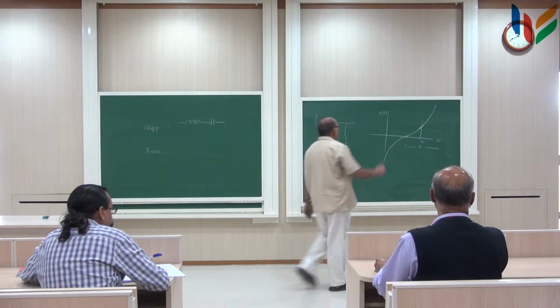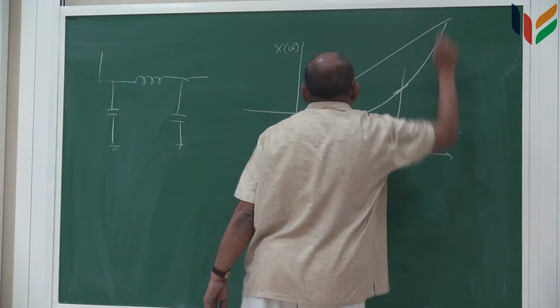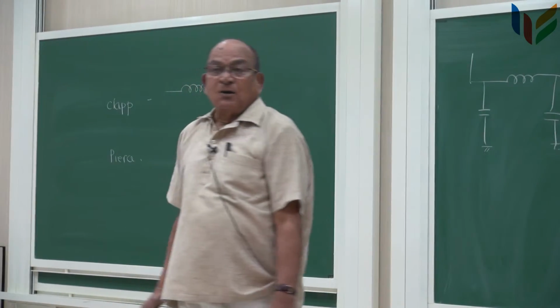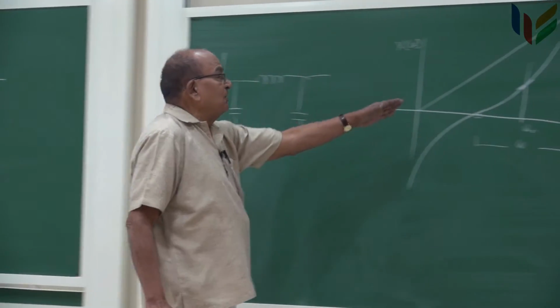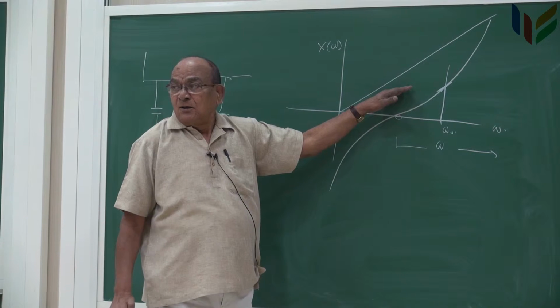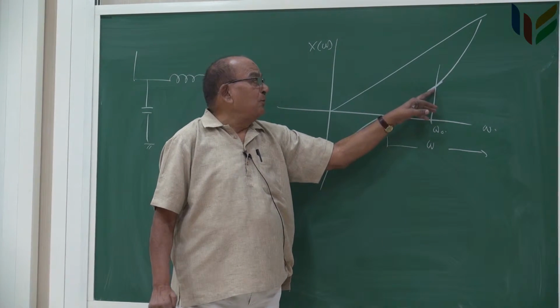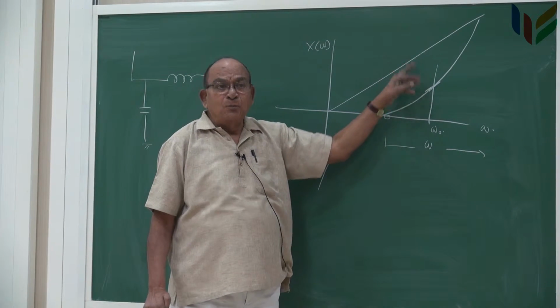A simple inductor will have a straight line, and the slope will be just equal to the value of inductance, and here the slope varies and will be much higher than this inductor slope.